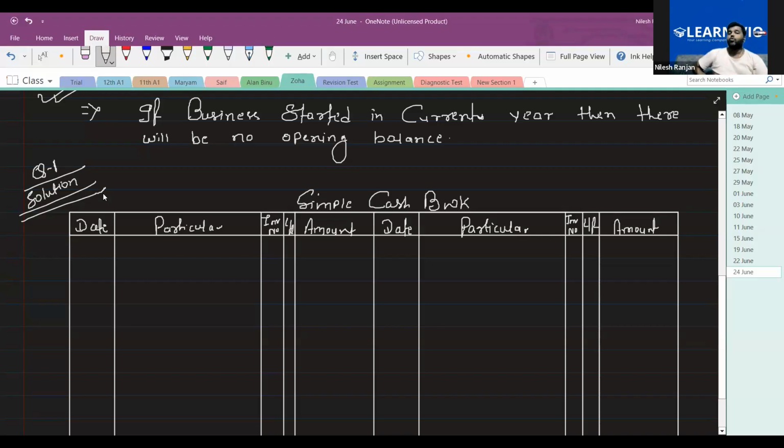There will be one more amount column on both the debit and credit side. So two amount columns on the debit side, two amount columns on the credit side. One for cash, one for bank. So in a double column cash book, we also record bank related transactions.